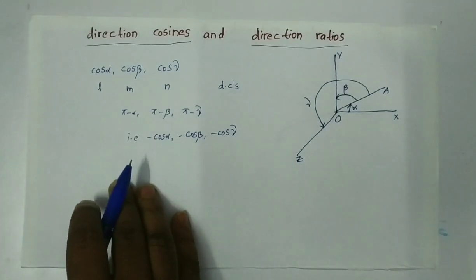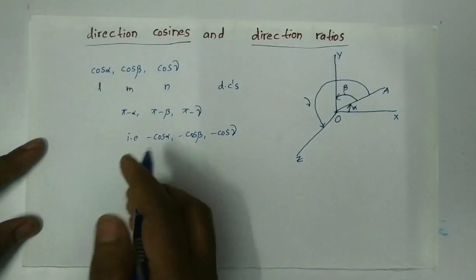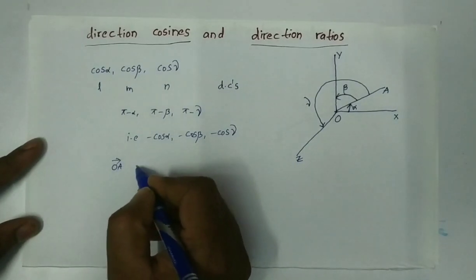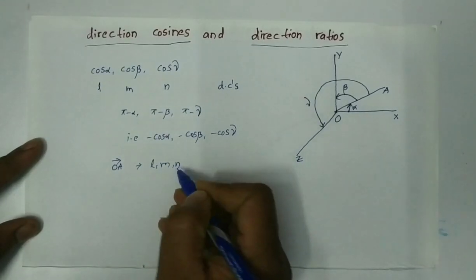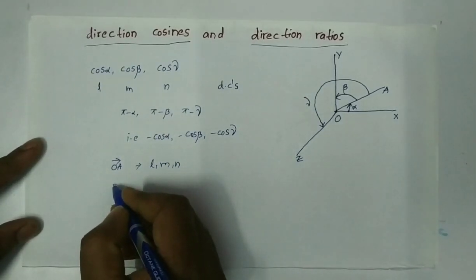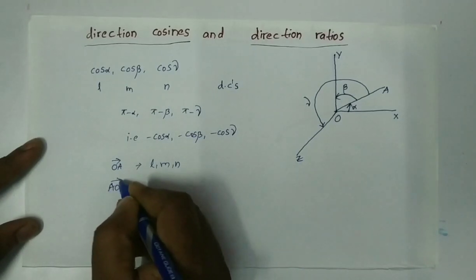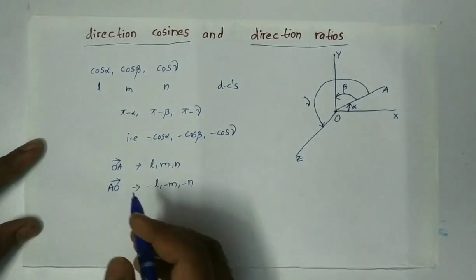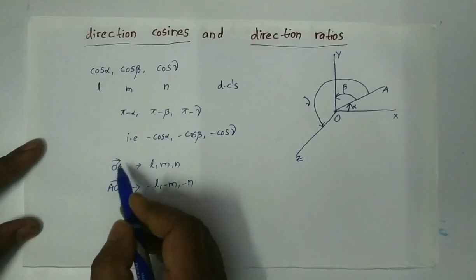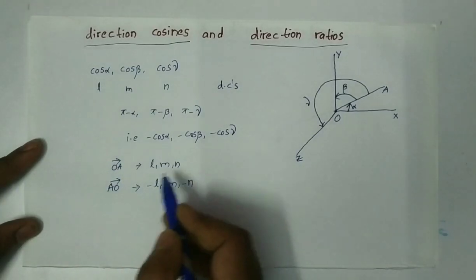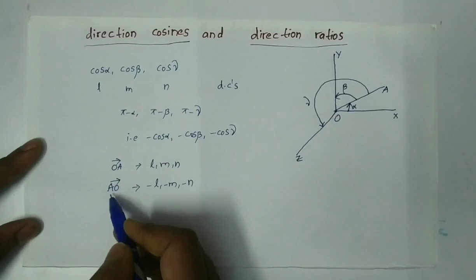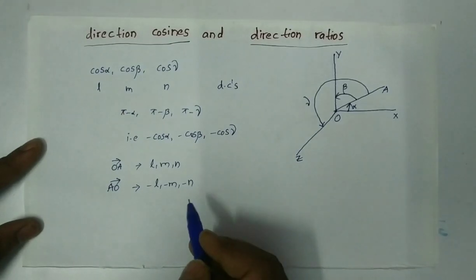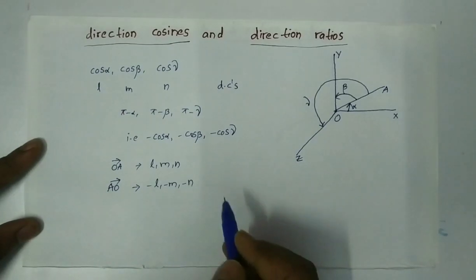Suppose the direction cosines of directed line OA are L, M, N, then the direction cosines of directed line AO will be minus L, minus M, minus N, because a line in space has two directions.